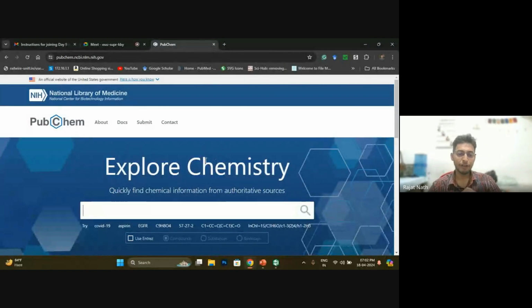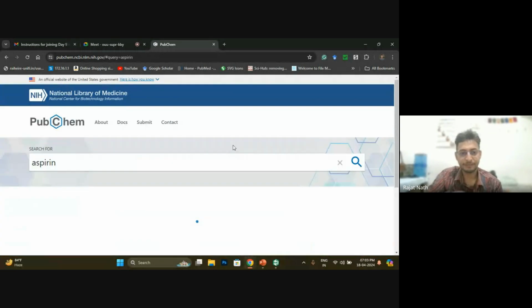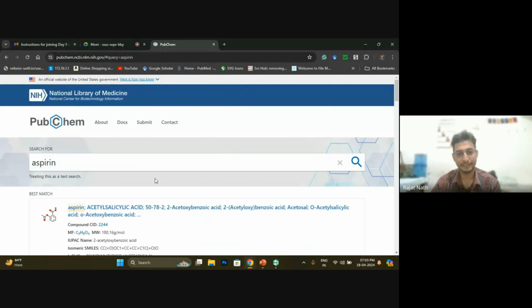If you have your ligand name, just search for it. Let us consider that the ligand I found from GCMS or LCMS is aspirin.